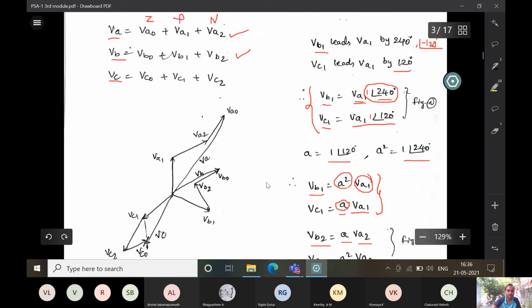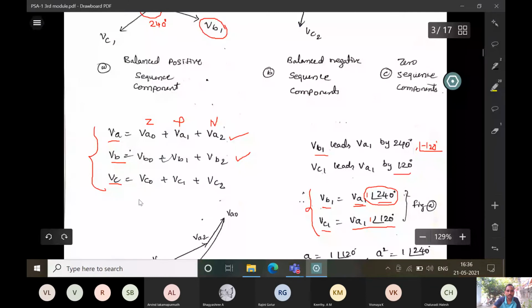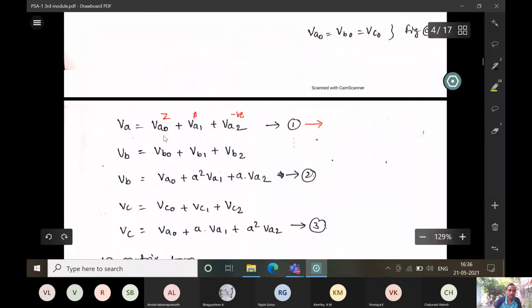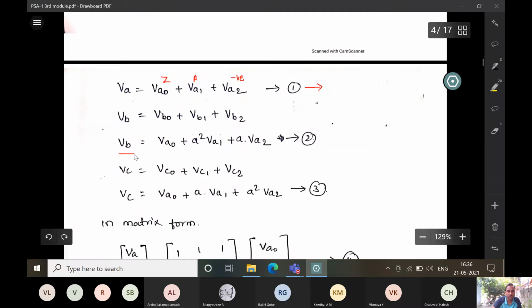So we will write these three equations. In the place of VB, we write VB naught, VB1 and VB2.